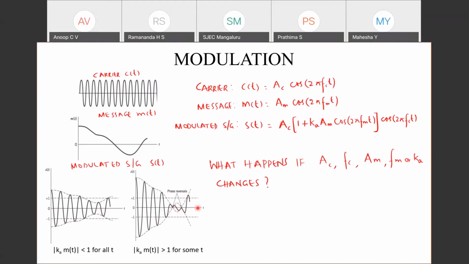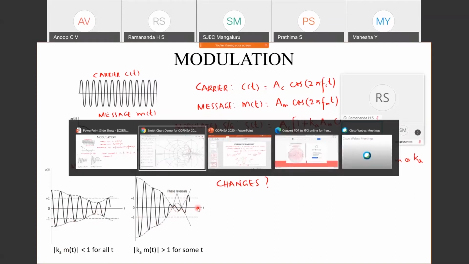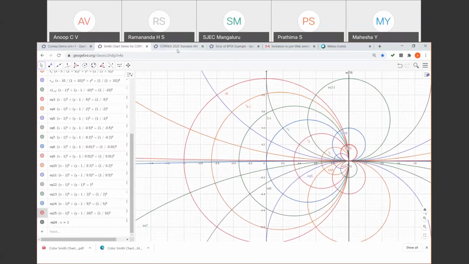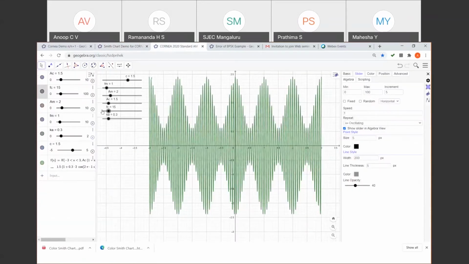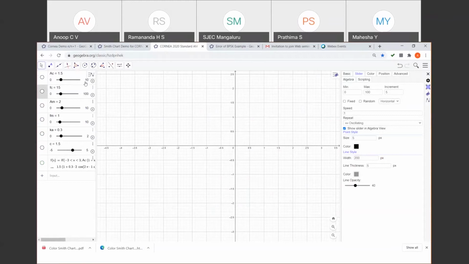But with GeoGebra, we can do it in a better way. I'm not spending time on typing these things; I've already typed it in. As per that expression, I have these parameters AC, FC, AM, FM, K, all of which I have taken as sliders.